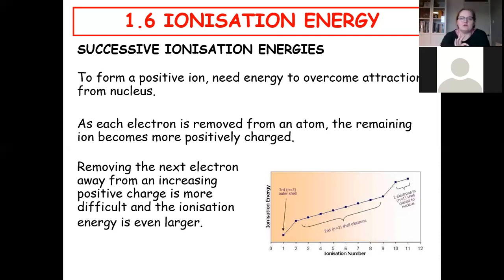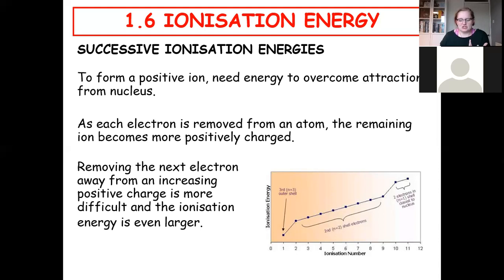And it becomes more difficult because actually, let me word this properly. The overall atom, the ion itself, is now more positively charged than it was before because it's lost a negative charge. So that positive charge is increasing.